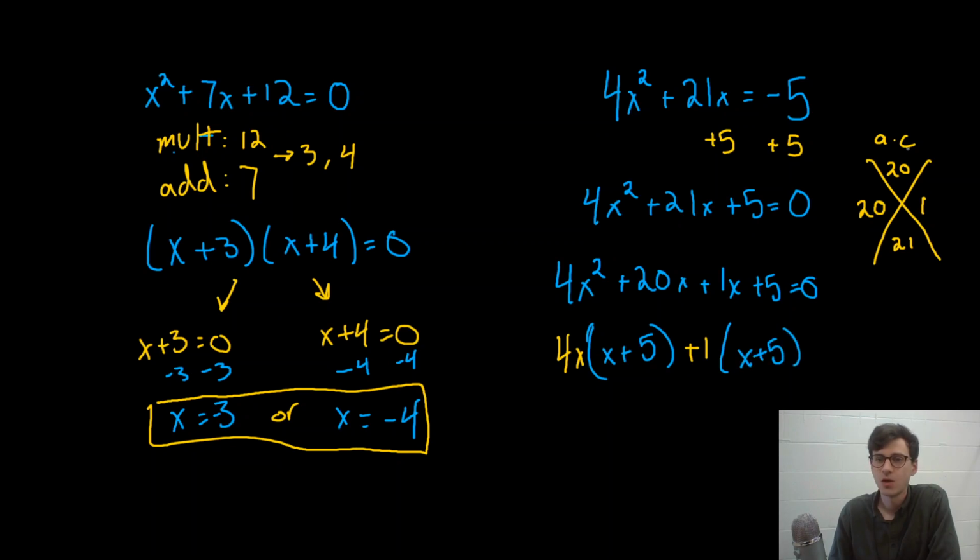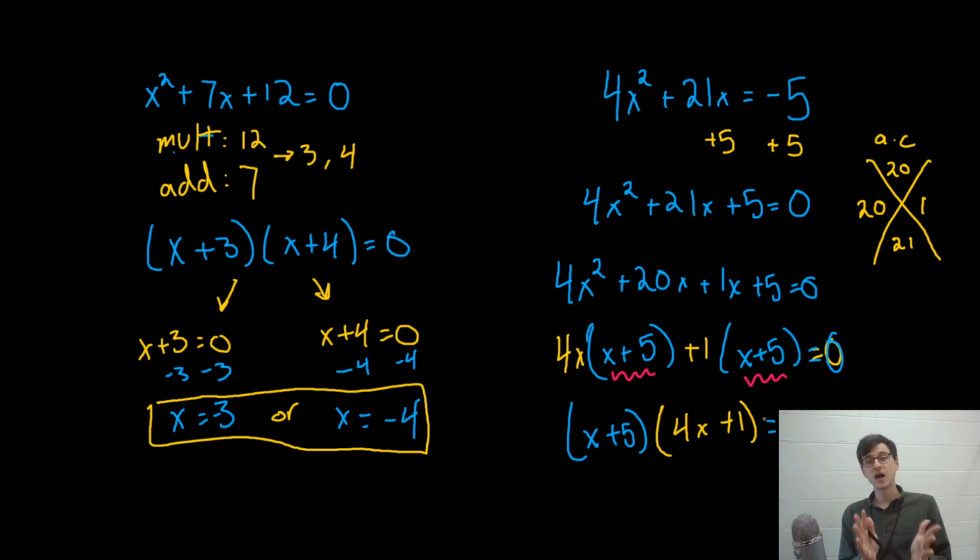Oh man, it always blows me away that we end up with the same thing right here. x plus 5 and x plus 5. So then I factor out x plus 5, and I have left 4x plus 1. And sorry, I really should be writing that this is equal to 0.